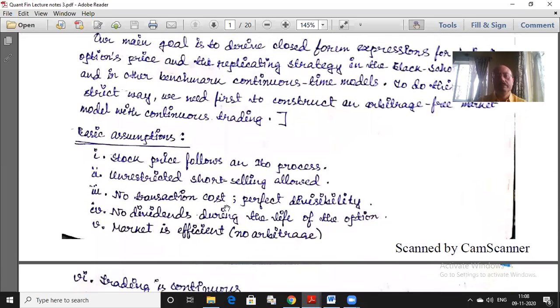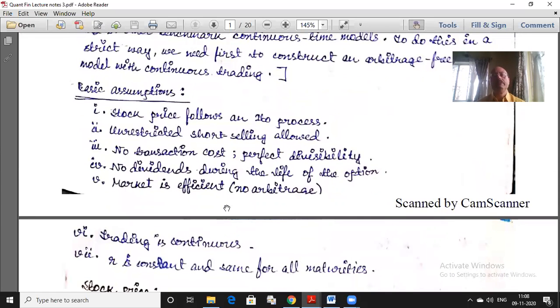All right. So are these assumptions clear? We are actually taking many assumptions. Some of them are similar to the discrete time model assumptions: no transaction cost, no dividends, efficient market, constant rate of return, or unrestricted short selling.